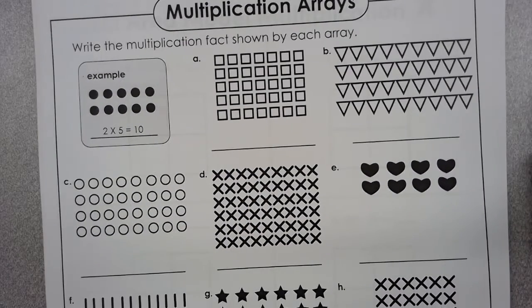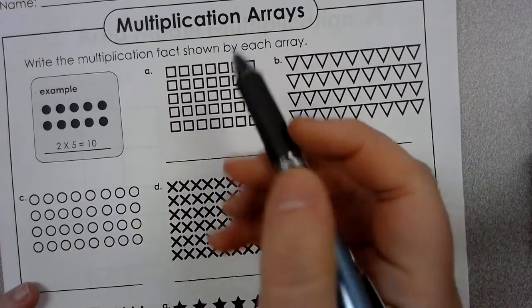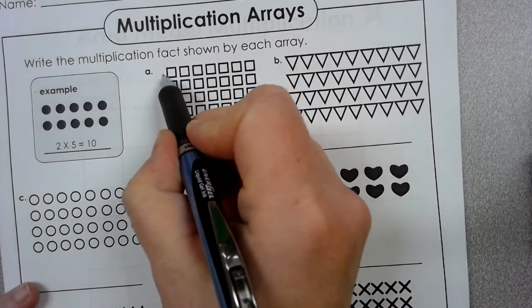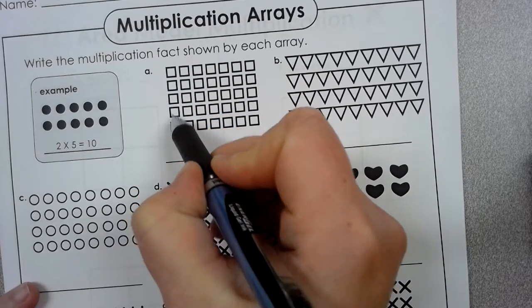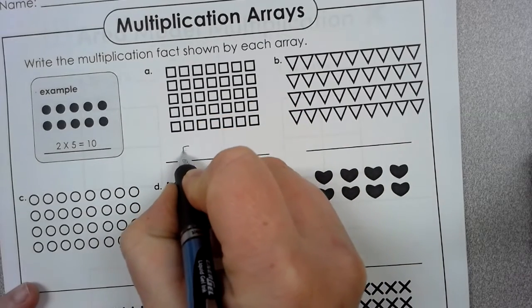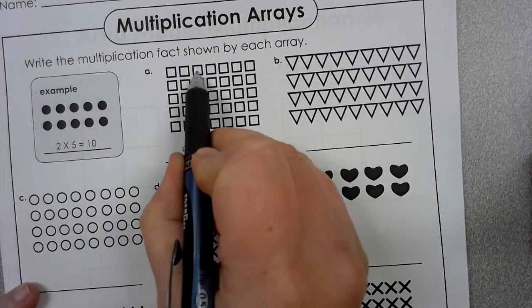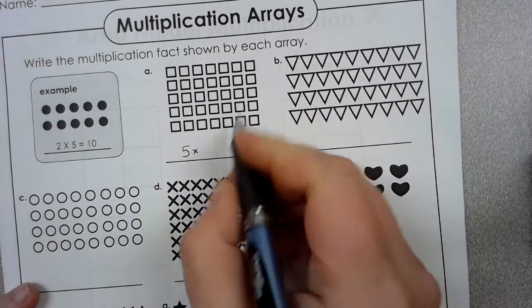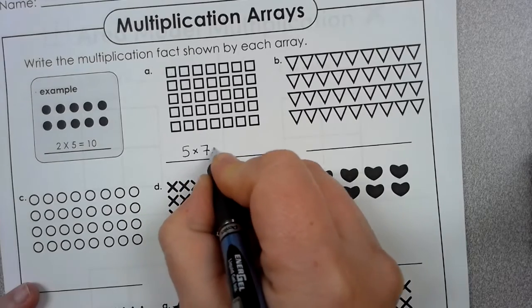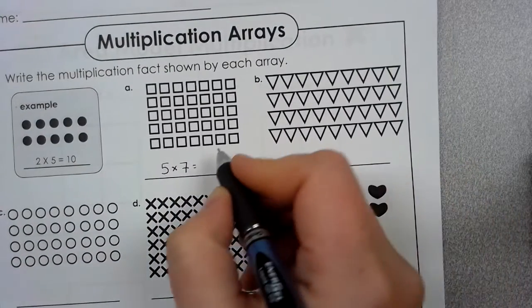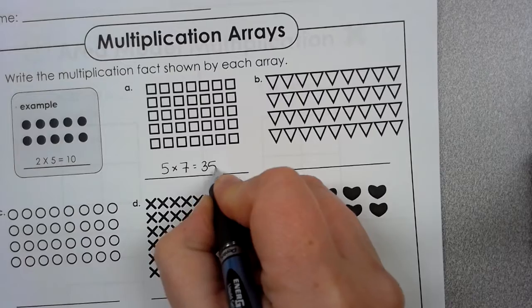All right, so what's going to happen is we are going to count these. Remember, we go rows first, and then how many columns we have. So we have 1, 2, 3, 4, 5 rows of 1, 2, 3, 4, 5, 6, 7. And we should know off the top of our head 5 times 7 is 35.